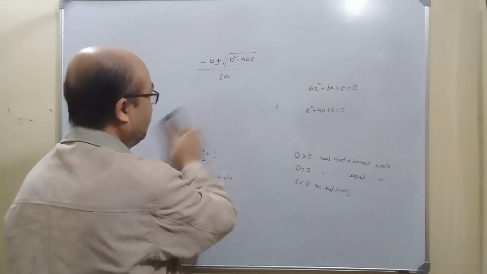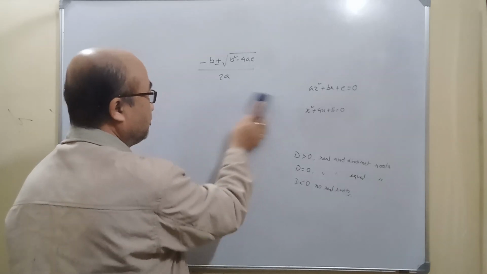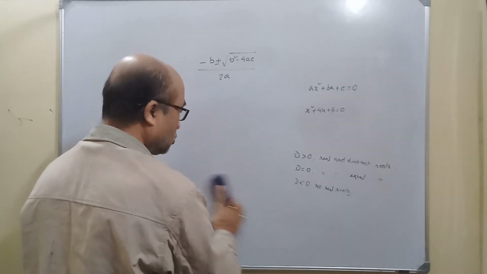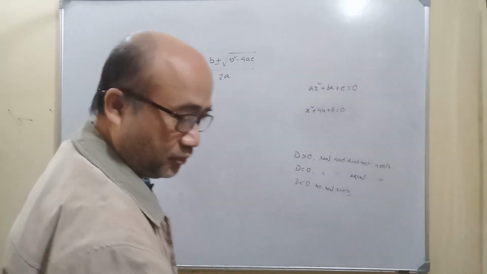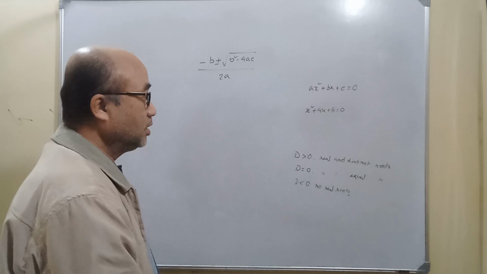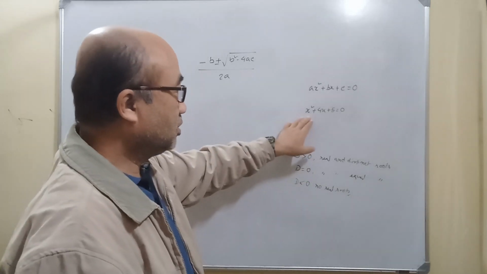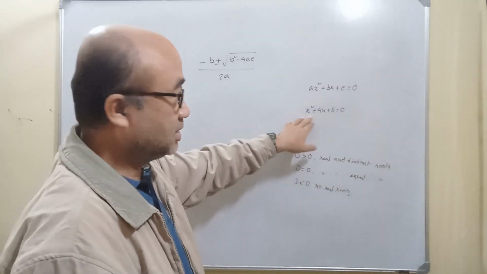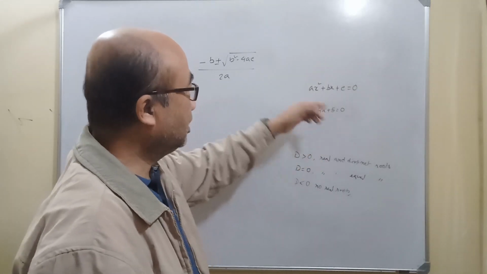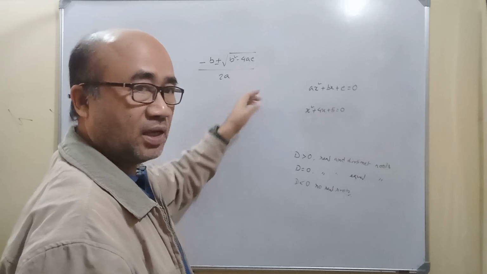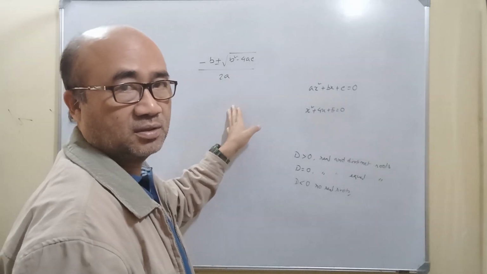So we have the quadratic formula like this. It is very easy to solve any quadratic equation with the quadratic formula. You just have to convert the equation to the standard form like this. Then find out the coefficient of x square, x and the constant term. Replace the values here and you get the solution.